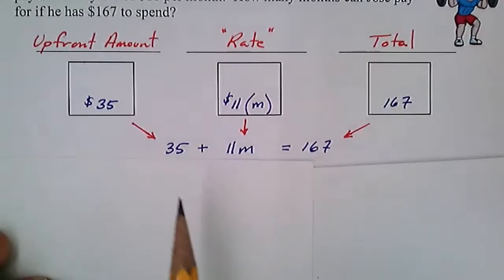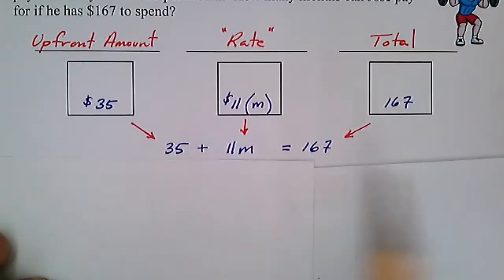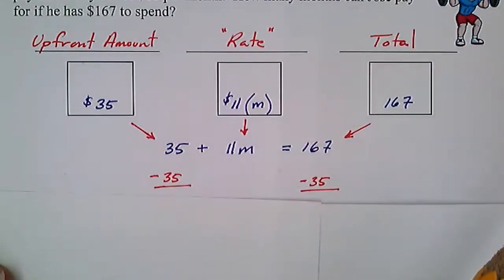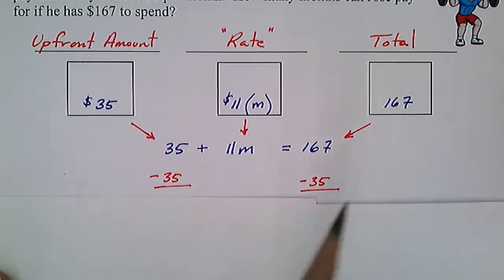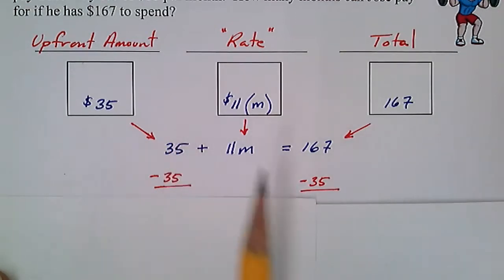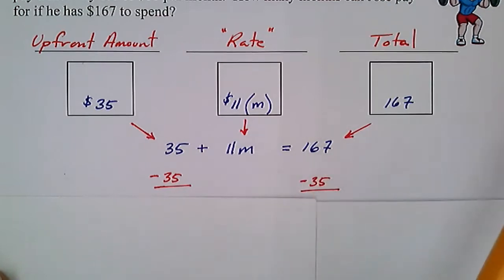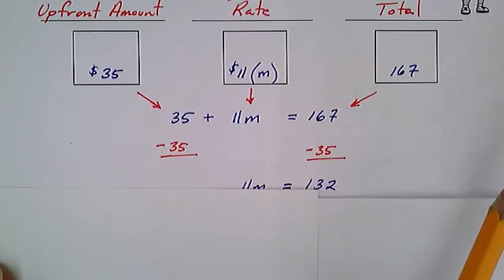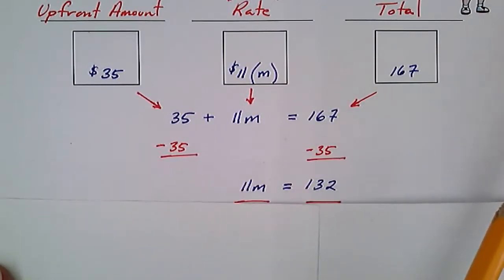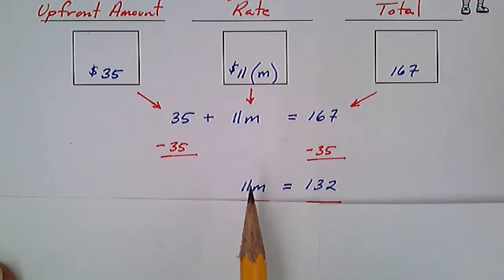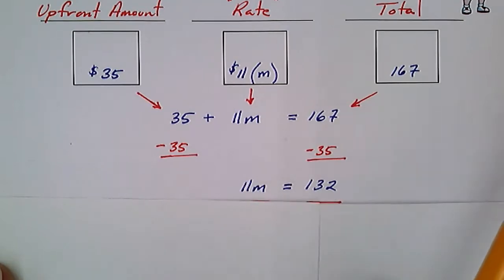The first thing we would do is subtract 35 from both sides. So these cancel right here. We have 11m is equal to 167 minus 35. So 167 minus 35 comes out to 132. And now we're going to divide both sides by 11.